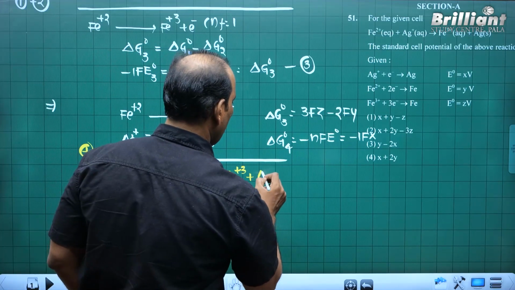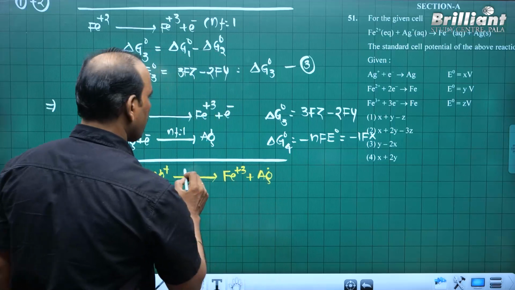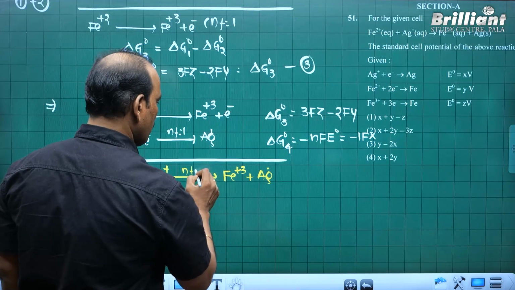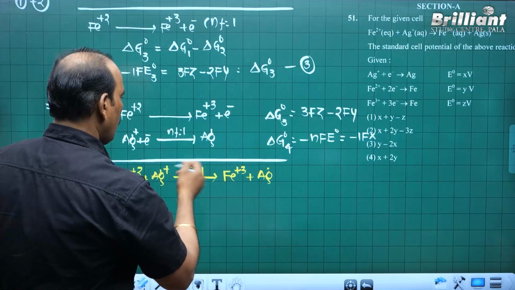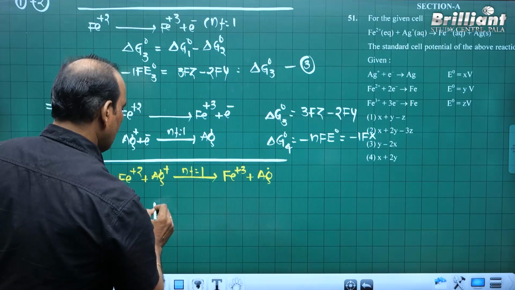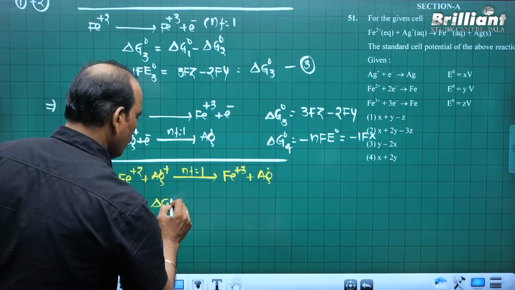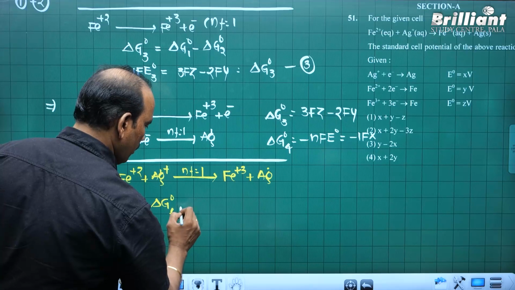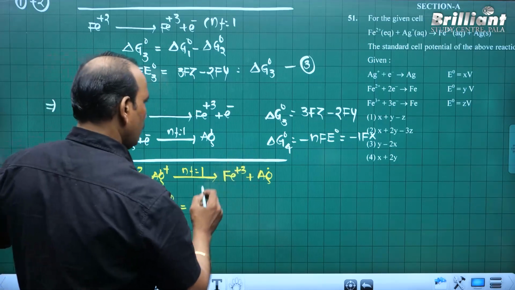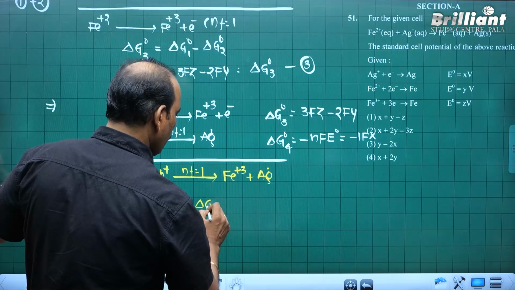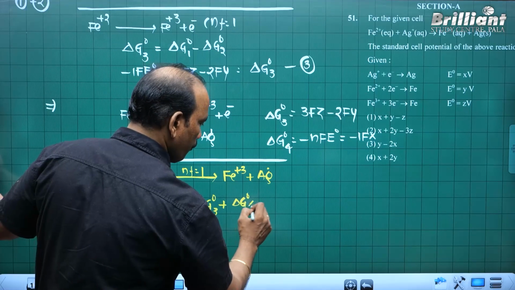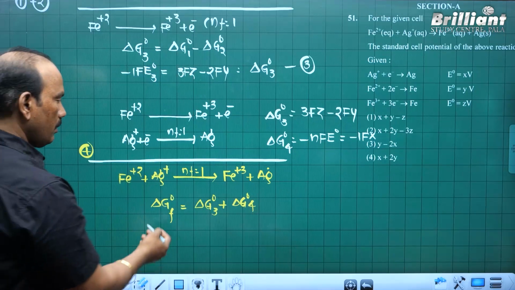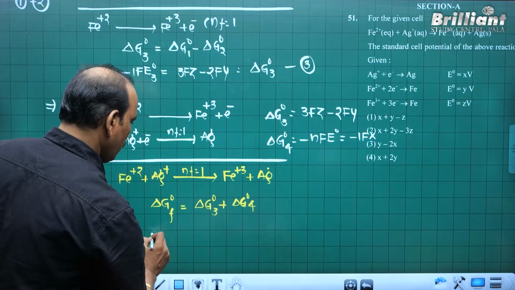This is Ag, its n factor matches this equation, n factor is 1. Okay. Now how to get this equation? Delta G0 required final is equal to delta G0 3 plus delta G0 4. Okay? Now what is the n factor of this one?